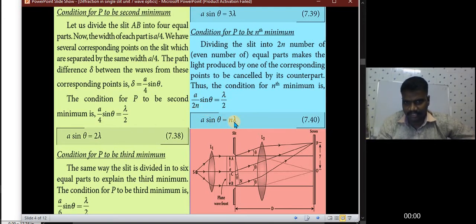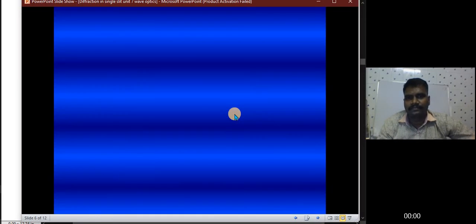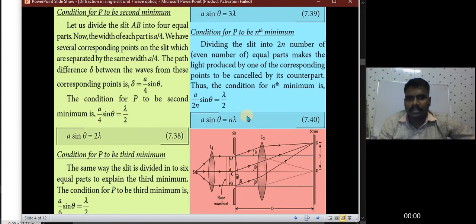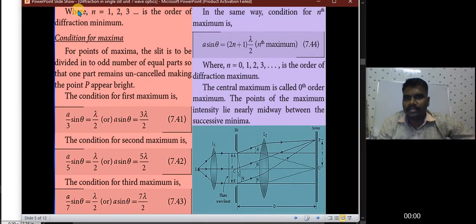So a sin theta is equal to n lambda. Here n equal to 1, 2, 3 up to the nth term is the order of the diffraction minimum.